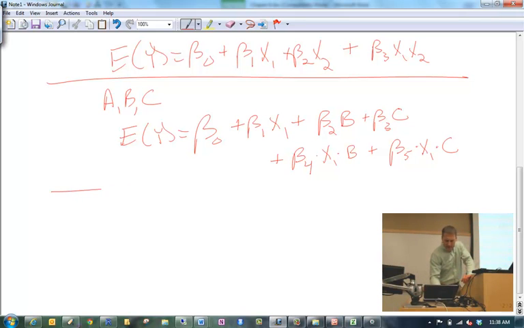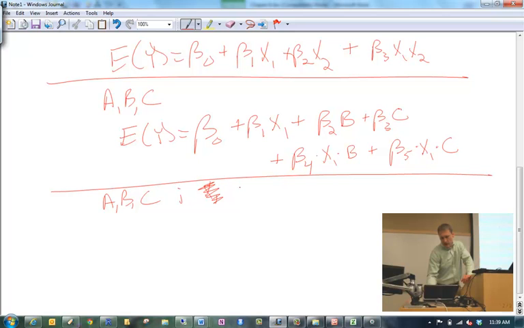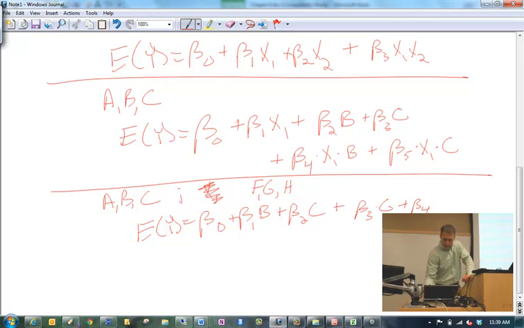Suppose instead I had this qualitative variable with levels A, B, and C, but also I had another qualitative variable with levels, let's say, F, G, and H. And then I can write my model like this. Now, if I want to include interactions, what do you think is going to happen?